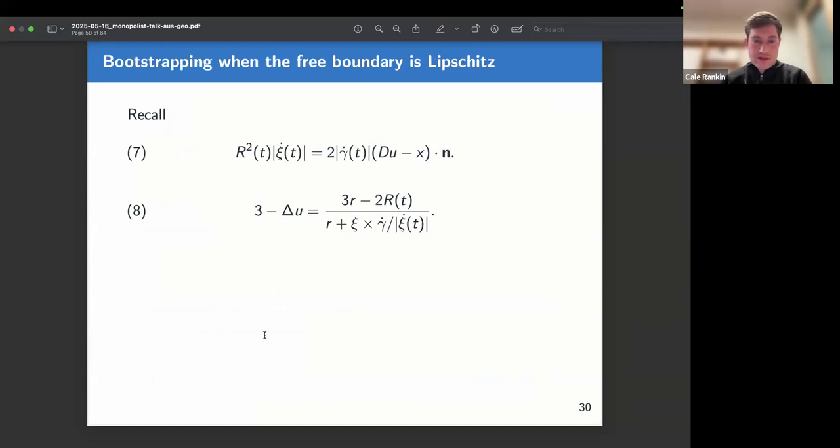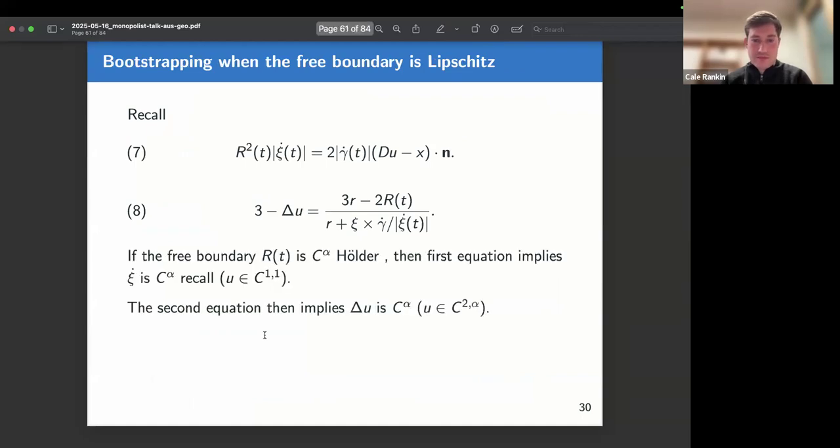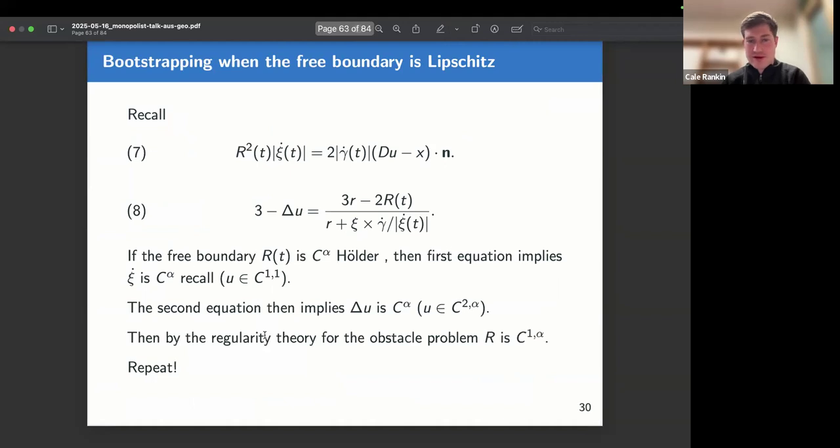And I think in the interest of time, I'll skip over that bootstrapping. But it's just that these two equations from earlier, 7 and 8.